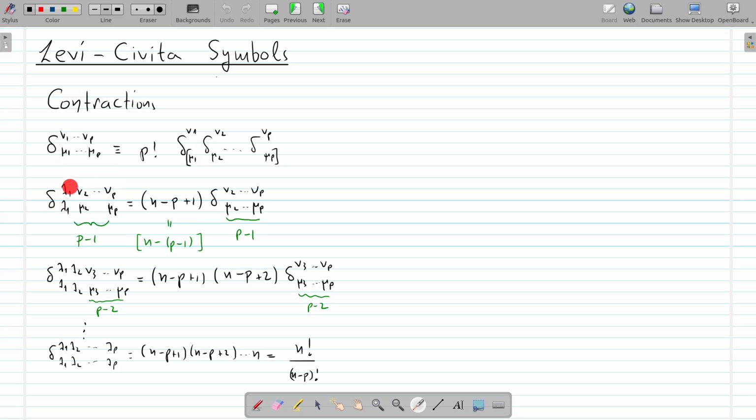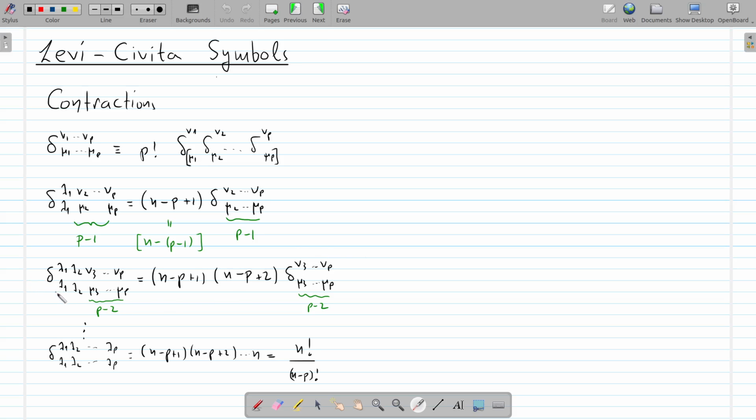And we have p minus 1 free indices on the left hand side. So that will give us, after computation of course, the p minus 1 delta symbol with indices nu2 through nu p, nu2 through nu p. But we will also have a factor n minus p plus 1. So this comes from the fact that these are p minus 1 free indices, and this is n minus the number of the free indices.